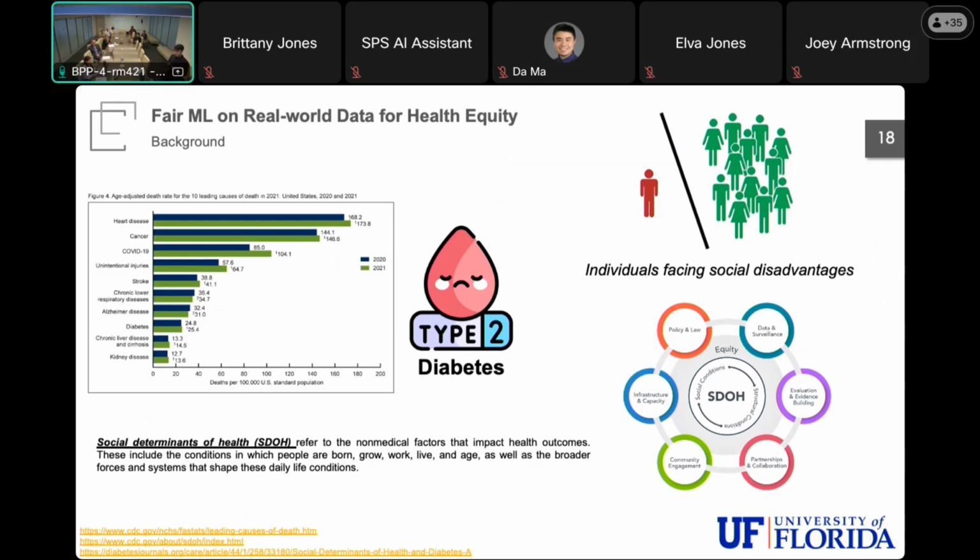But there are barriers and challenges limited in the current manual screening process. So that is a clinical need that we have: we should have an automatic SDOH screening tool to improve the T2D outcomes and to reduce the health disparity.